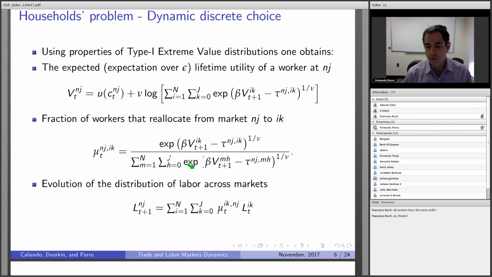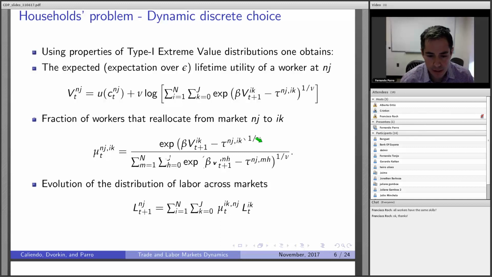For those of you who are familiar with the trade literature, this equation that describes migration flows resembles a gravity trade equation that describes the flow of goods across locations. But this mu describes the flow of workers across different locations, where the numerator is a bilateral resistance term, and the denominator could be interpreted as a multilateral resistance term in the context of gravity trade models.